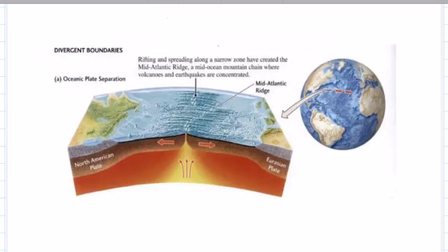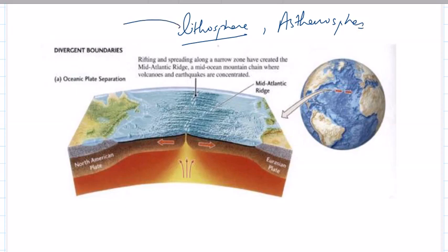In the previous lecture, we discussed lithosphere and asthenosphere. So hopefully you have an idea what is lithosphere and what is asthenosphere. Basically your tectonic plates are made up of lithosphere, and they float over this weaker layer known as asthenosphere.